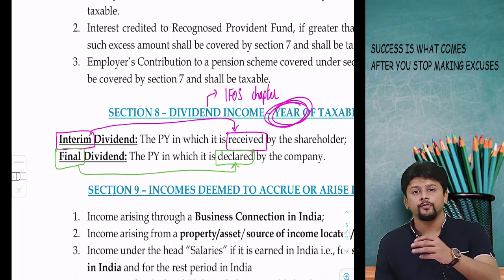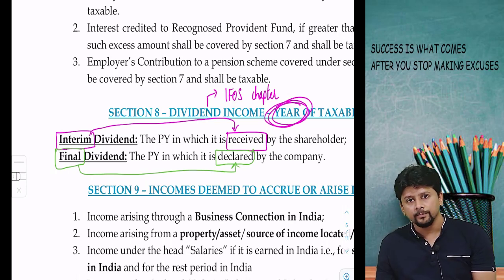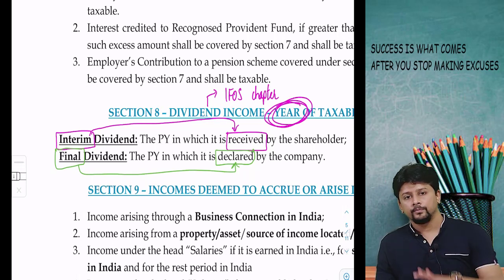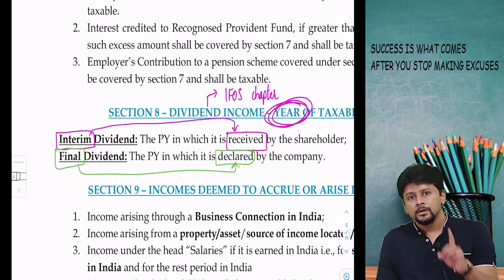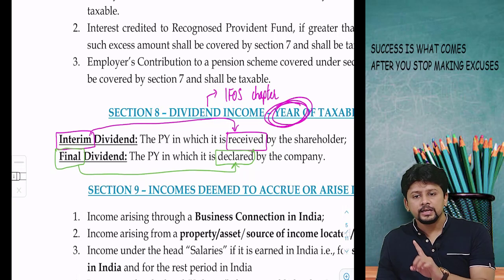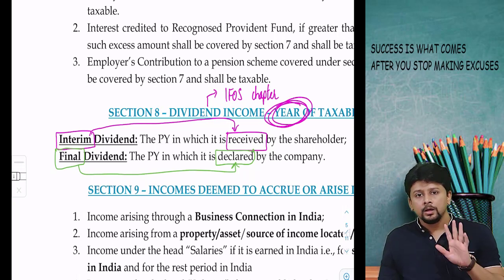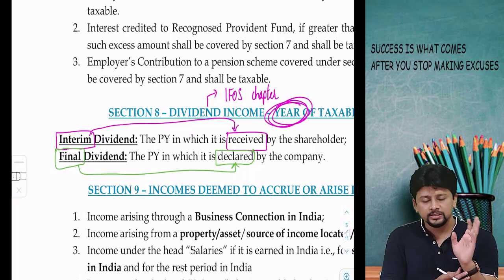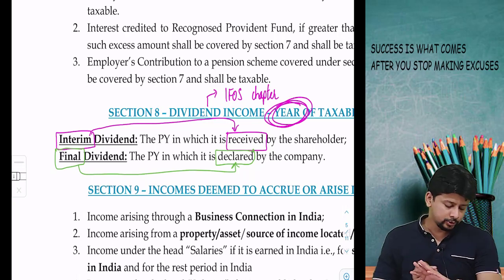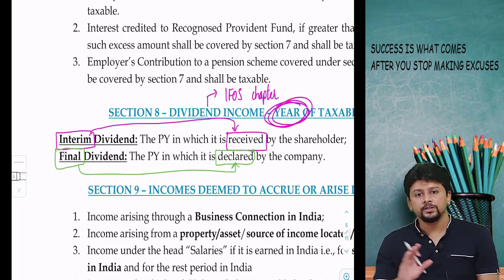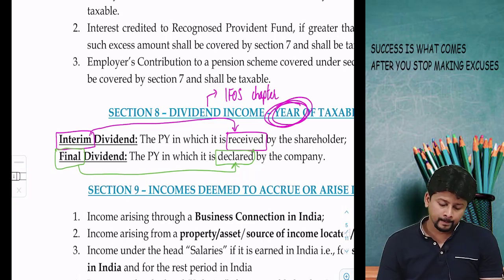Then you don't have to wait for receiving the dividend income. The financial year in which it is declared, it is income of that year. But interim dividend, shareholder will be considering it as his income only when he receives the money, not when it is declared. Just keep this in your mind. Okay, section 8 helps you to decide the year in which dividend income is taxable.